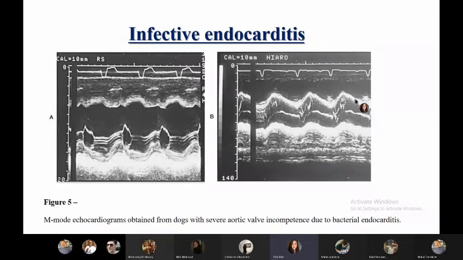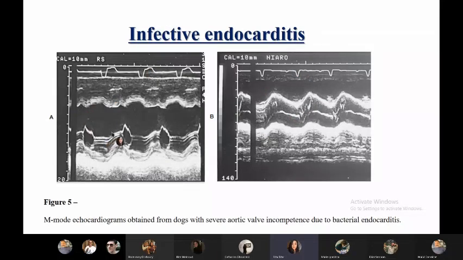Okay, this is interesting here on M mode because these two M modes are from the same case. In A, it is at the level of the mitral valve, and in B, it is at the level of the aortic valve.